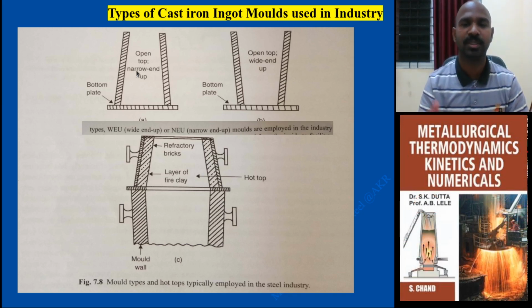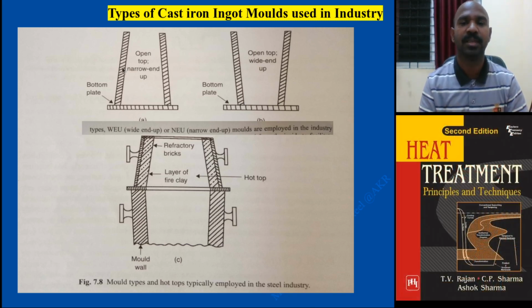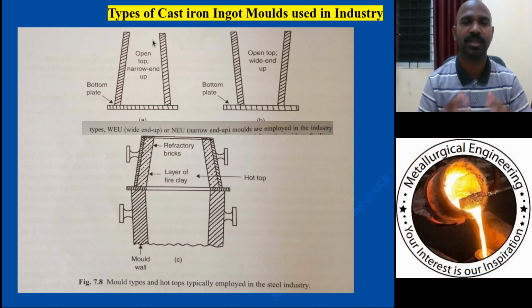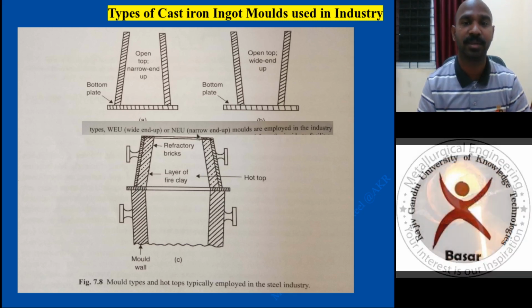These are the two different molds, and there are problems. At the surface there will be many defects. Surface cracks usually happen and uneven shrinkage occurs. For that there was another development. It is a kind of cap.